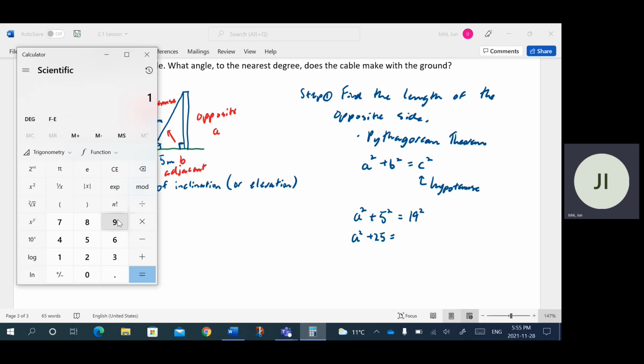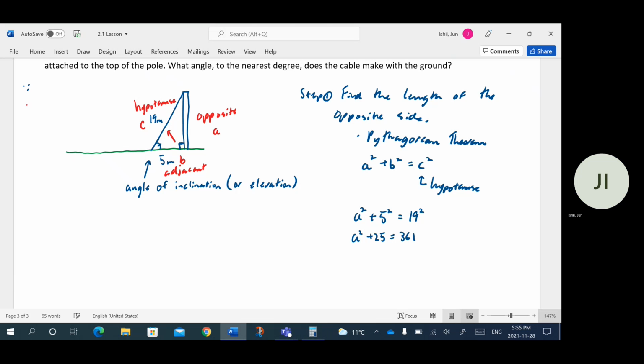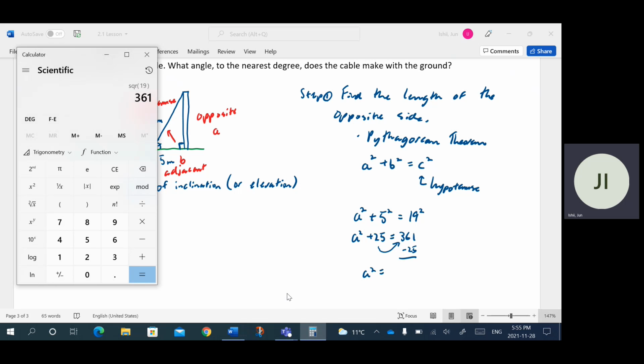So the 19 squared, that's 361. To solve for a, what we need to do next is move the 25 over to the other side. So I'm going to subtract 25. So I get a squared equals 361 minus 25. That's 336.